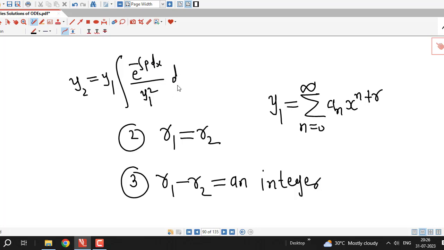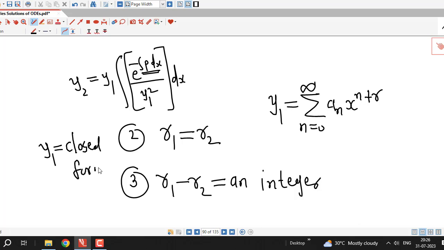Here we have two integrals. First we are integrating p, and then we are integrating this quantity with respect to x. So this is possible if we can express our first solution in some closed form, or if it is comfortable or easy to find the integral, then only we can apply the method of reduction of order.